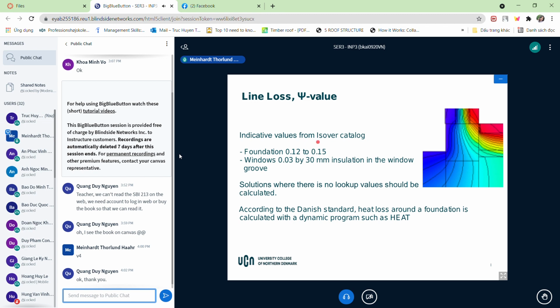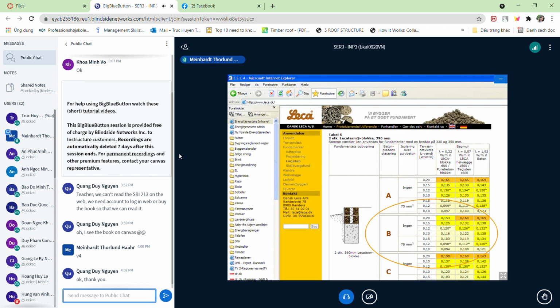We can also find some numbers in the EasyOver catalog. According to the Danish standards, the heat loss of the foundation should be calculated in a dynamic program such as HEAT. This is something that we will not use time on. It's a bit complicated, but EasyOver, who sell some of these materials, have done some pre-calculations in a table, like in the DS 418, and we can get some information from there.